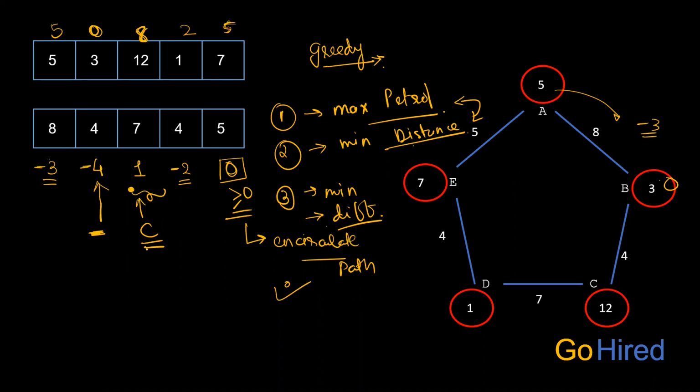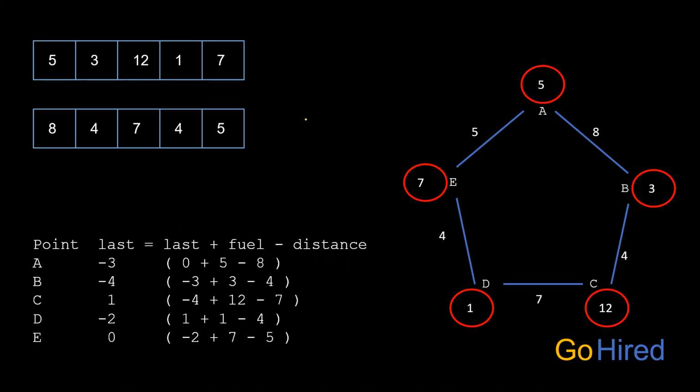Now, obviously we cannot say that, hey, this is the answer, right? We need to establish our theory by taking multiple examples. So first we'll see this example in pictorial view, and now I'm just writing it out as an equation. Point A: what is the last petrol that at point A we have, and we are calculating with last plus fuel minus distance.